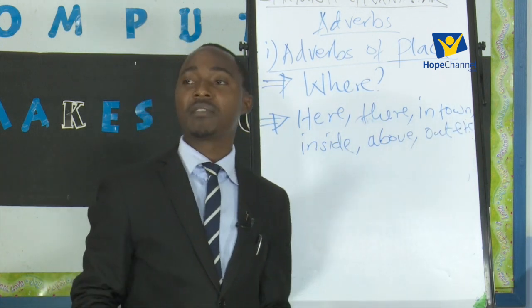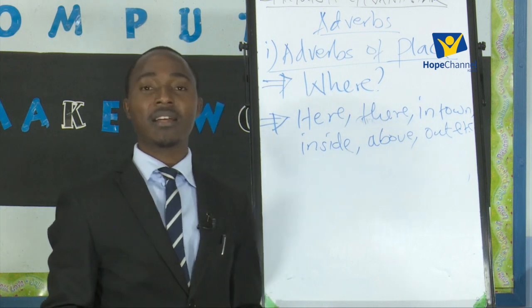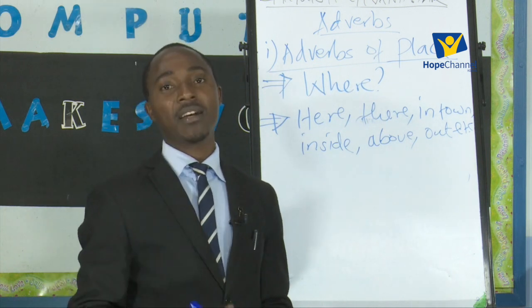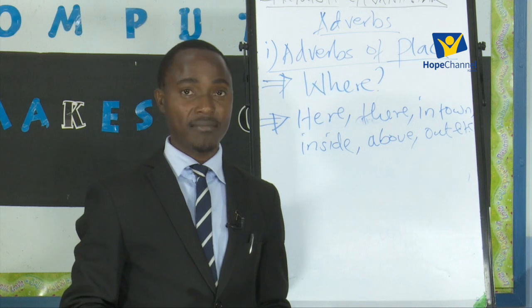For example, you would say even around. You can say things like nearby, away. All those are adverbs of place.